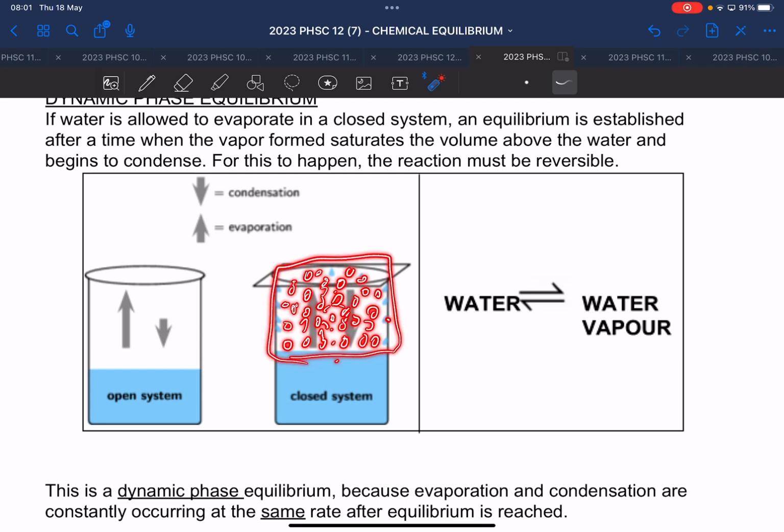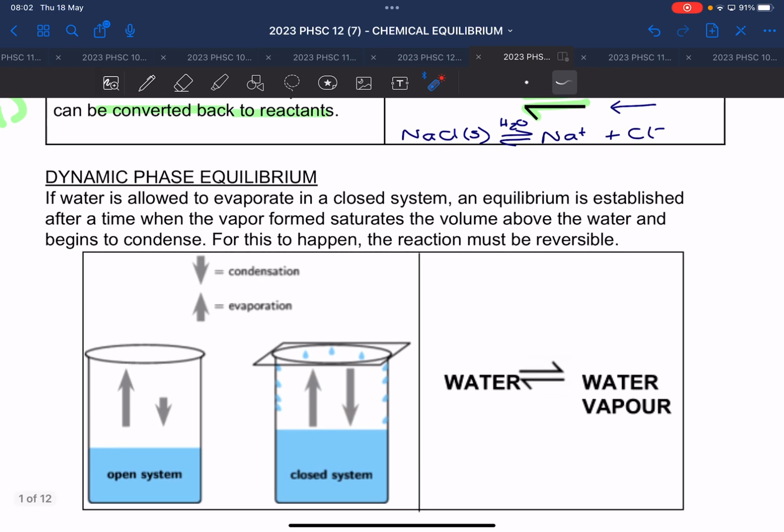It can't evaporate anymore. Then the particles will be so close together that the intermolecular forces will play a role, and they'll start to condense again. As soon as a particle condenses, there's a space open for another particle to evaporate. Then one condenses, another evaporates, condenses, evaporates. And that we call a dynamic phase equilibrium.